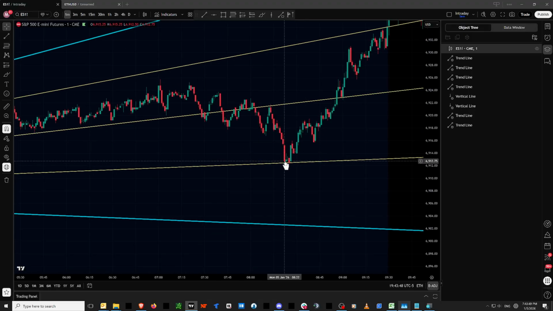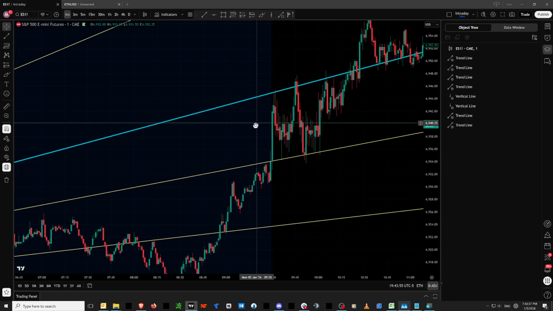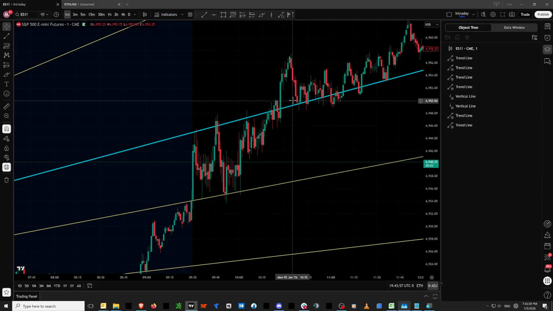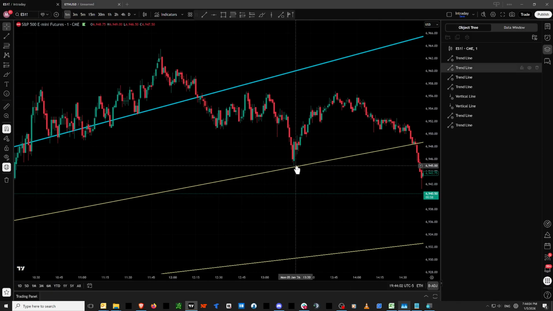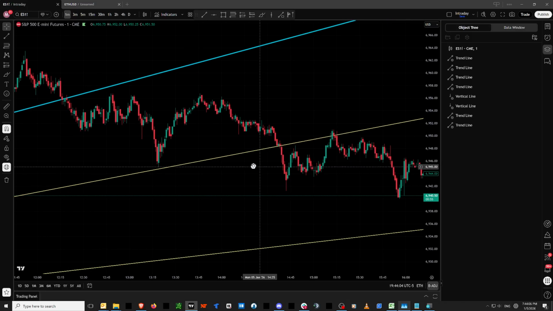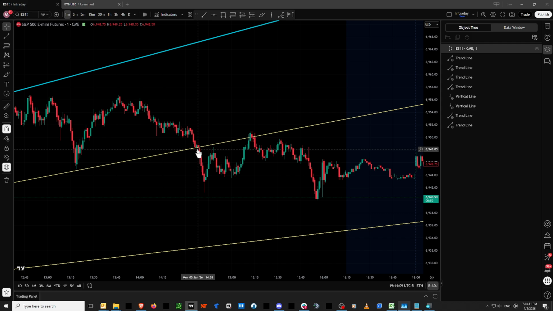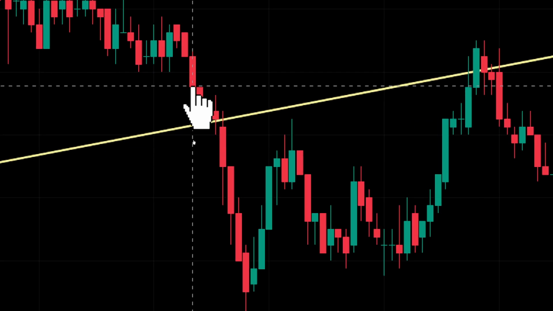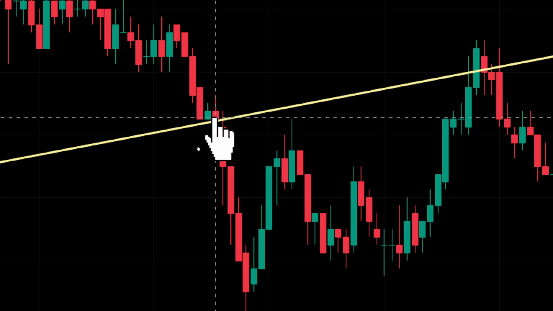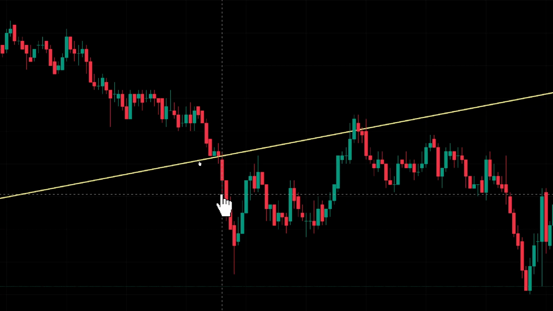Here's our original trend line. Yellows are computed ones. Here. Don't know if you can see that. No, you can't see. See that? Came down to it. Bounced. Tiny little bounce right there. And then it moved on through it.